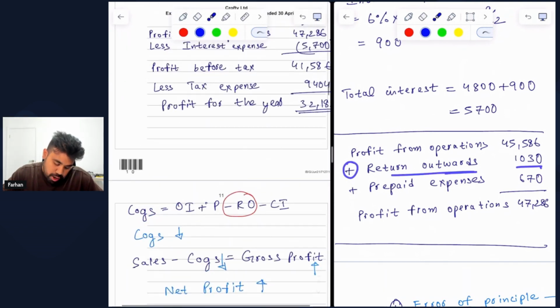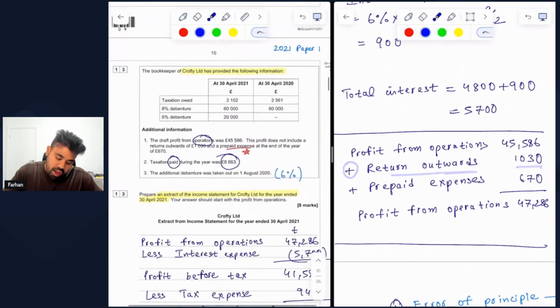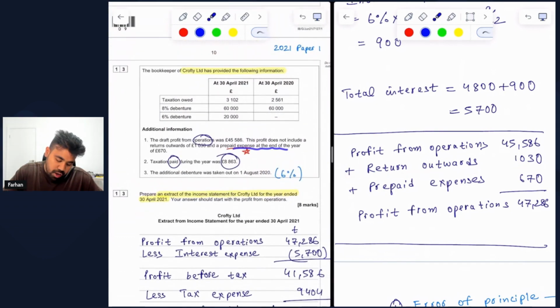Let's look into the prepaid expenses. So we know that we have prepaid expenses at end of year of £670. All right. So prepaid expense refers to a current asset.